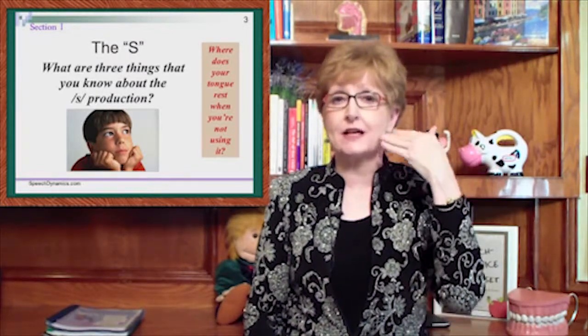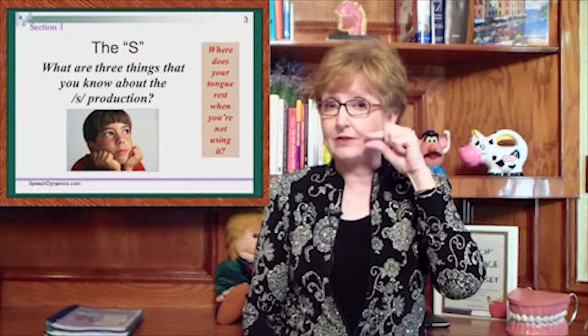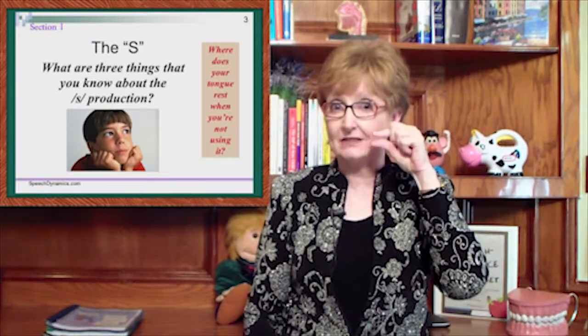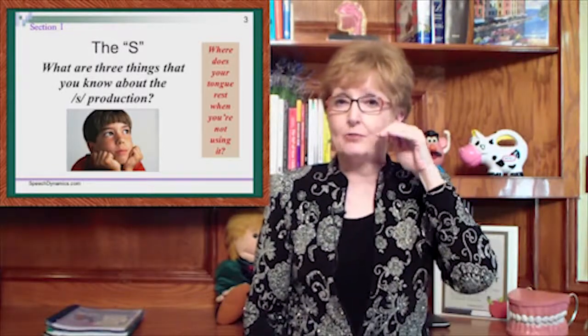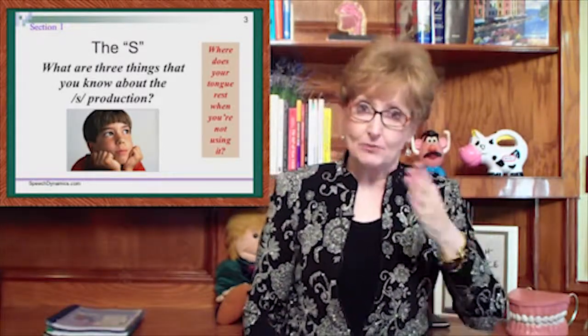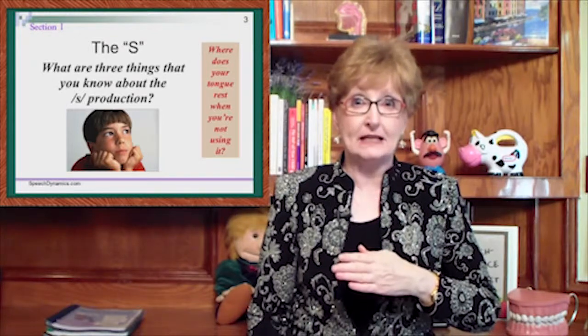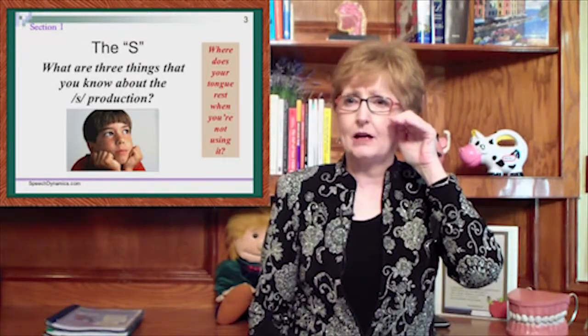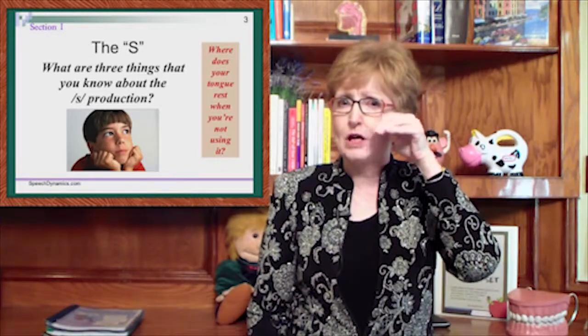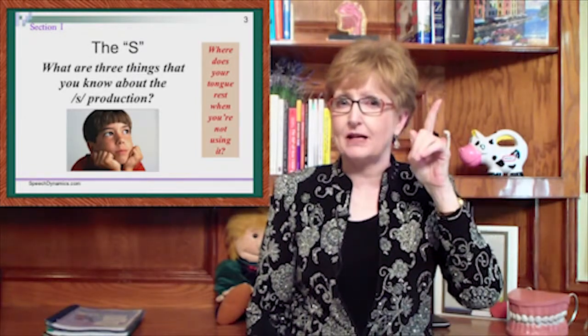Chances are good your jaw is elevated. You don't have clenched teeth. You don't want that, but you want to have an elevated jaw. And then probably your tongue is up. We'll talk more about where up means a little bit later on. Probably it's up on top. Maybe it's more forward, but chances are it's on top.